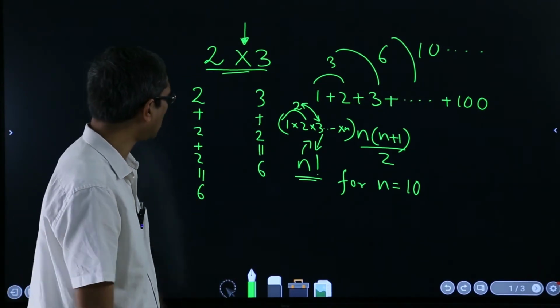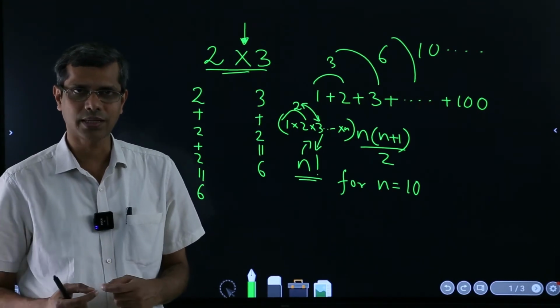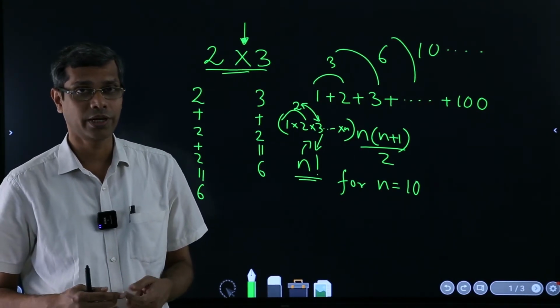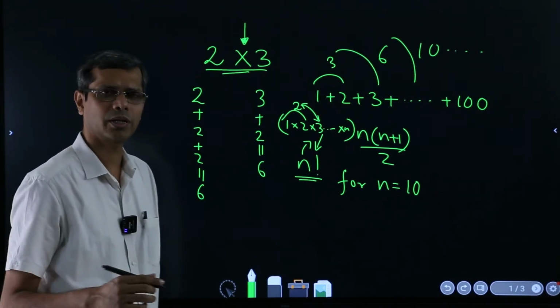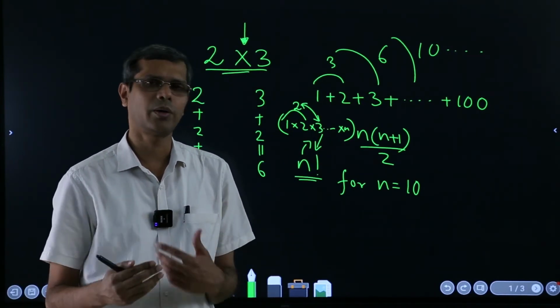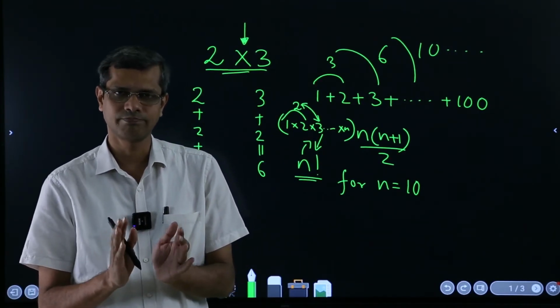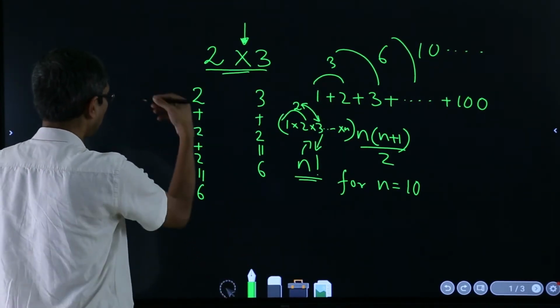Then, if you know subtraction, you can always do division if it is properly divisible. Suppose we are talking about the division of two numbers where one is actually divisible by the other.